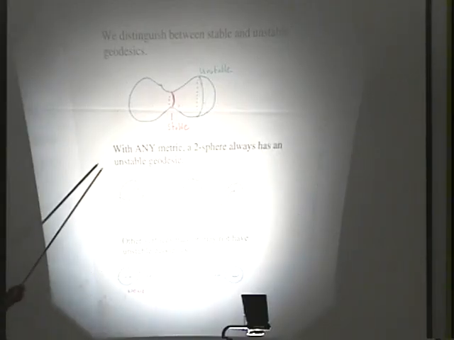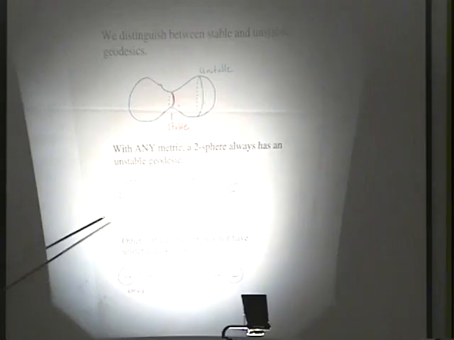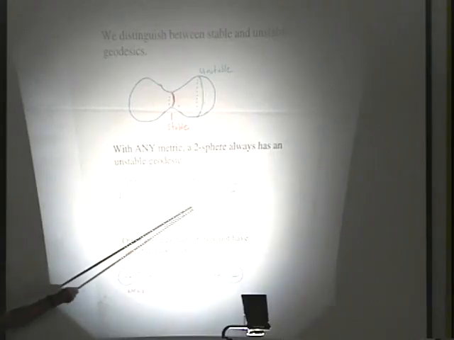So here's an interesting fact that characterizes a two-dimensional sphere. With any metric at all on it, a two-sphere always has an unstable geodesic. Other surfaces may or may not have unstable geodesics. Here's an illustration. I've drawn three different metrics on a two-sphere.